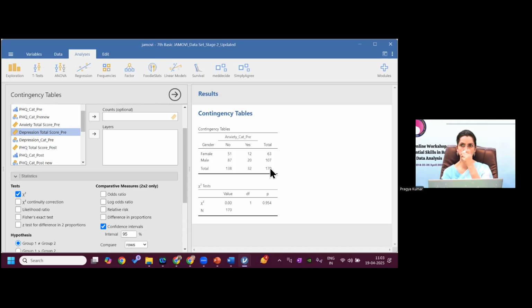Yes, Dr. Subhapriya is right and Dr. Farzana is right. Observed count. Dr. Manisha is also right.